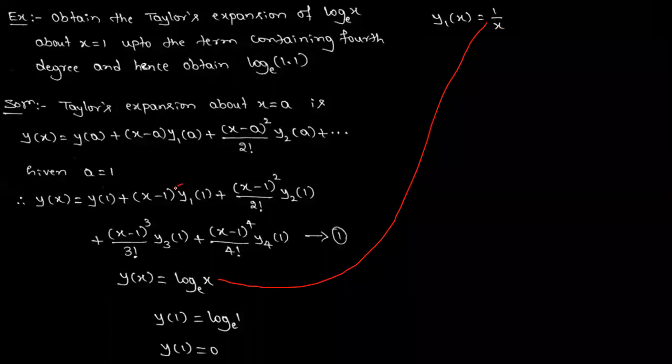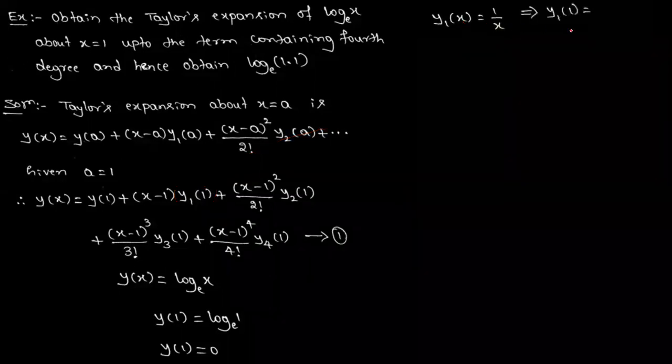What we want is y1 of 1. So let us put x is equal to 1 here and find y1 of 1, that is the value of y1 when x is equal to 1. So y1 of 1 is given by 1 by 1, which is 1. So we found the value of y1 of 1 is 1.